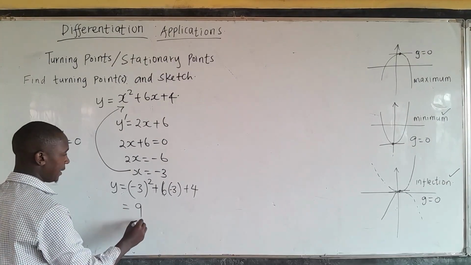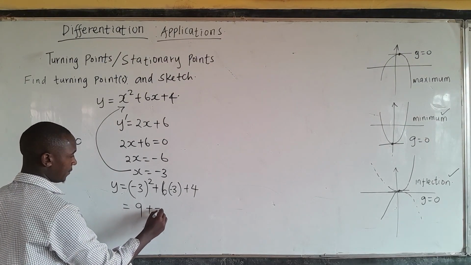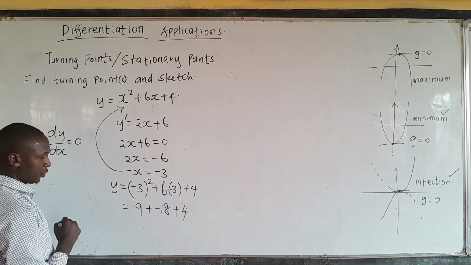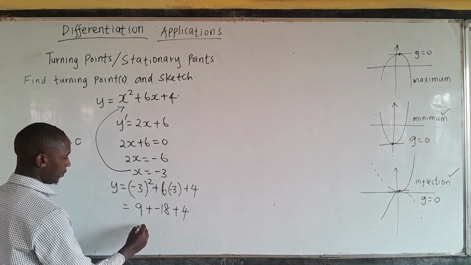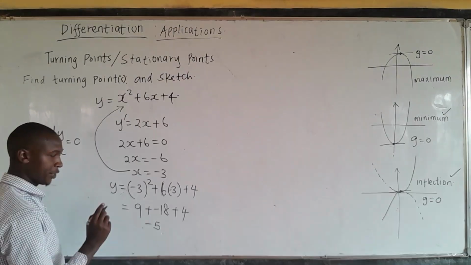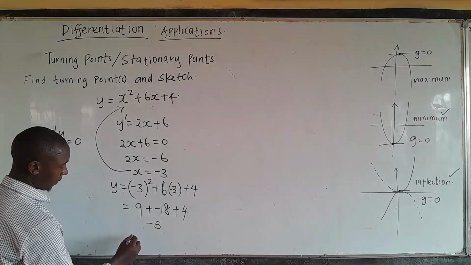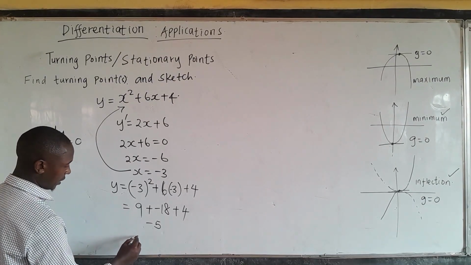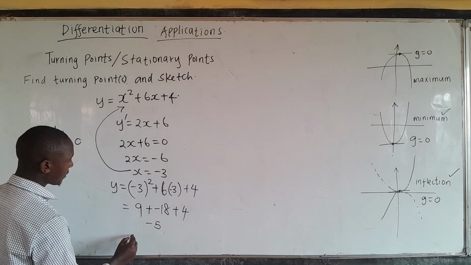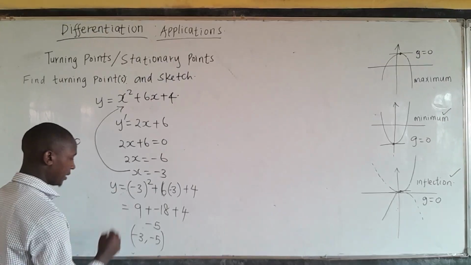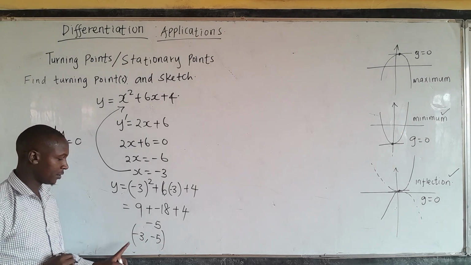That is going to be 9, plus negative 18, plus 4, and this is going to be negative 9 plus 4, which is negative 5. So the stationary point is going to be x, which is negative 3, comma, negative 5.